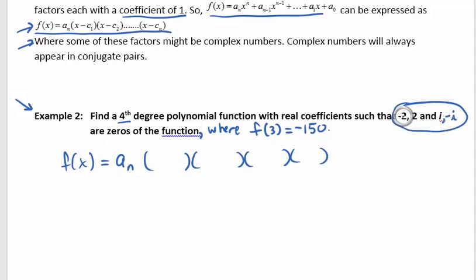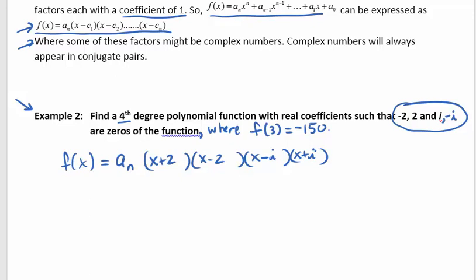So if negative 2 was a 0 or a root, then x plus 2 would be a factor. If positive 2 is a 0, then x minus 2 would be a factor. If i is a root, then we would have x minus i as a factor. And if negative i was a root, we'd have x plus i as a factor.